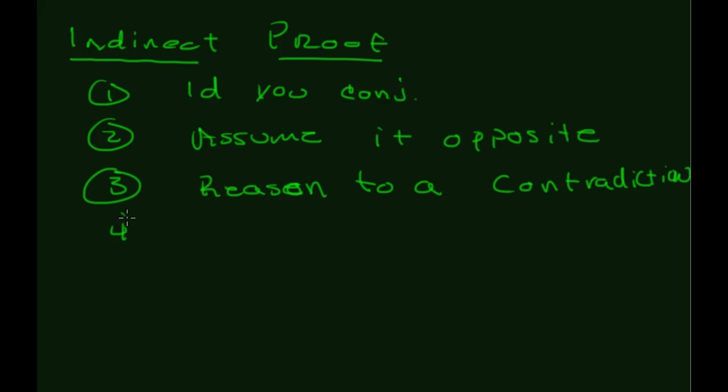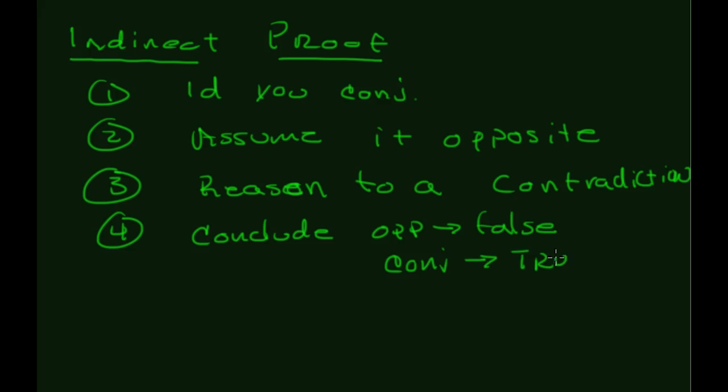And number 4, you can now conclude that the opposite is false, which means that your conjecture is true. So this is like a way of leveraging the contrapositive in order to prove something, but you're doing it indirectly. So we're going to use this to talk about a series of inequalities in triangles, and we'll prove a couple of them by using an indirect proof.